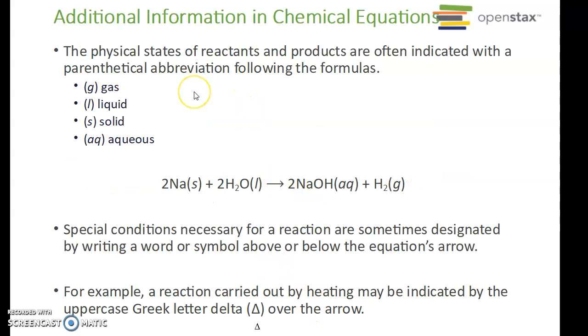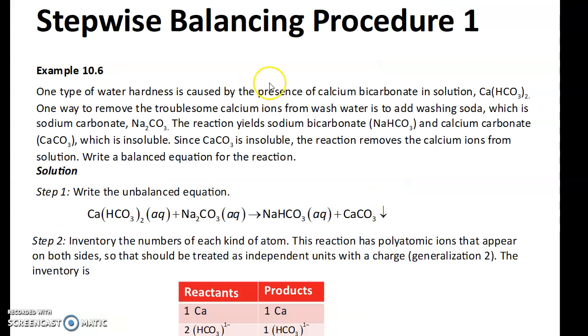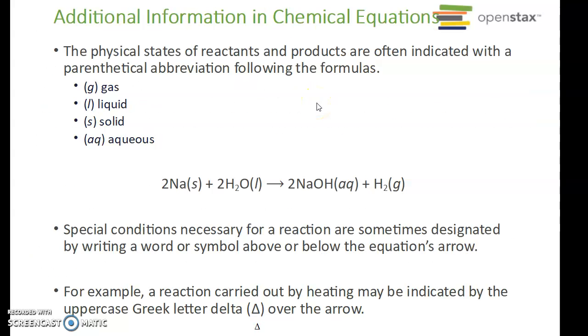So there's additional information that we include in our chemical equations. If something is in a gas state, such as the hydrogen here, you put it as a gas. If something is in a liquid state, such as water here, you write that as liquid. If something is dissolved in the liquid, it's aqueous.